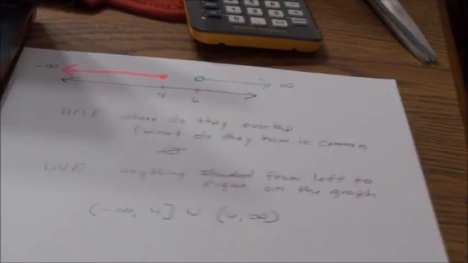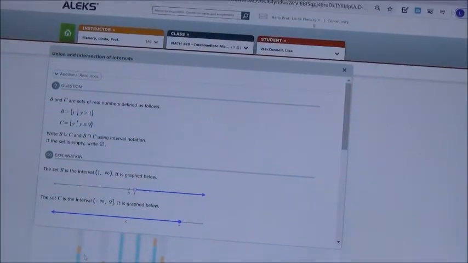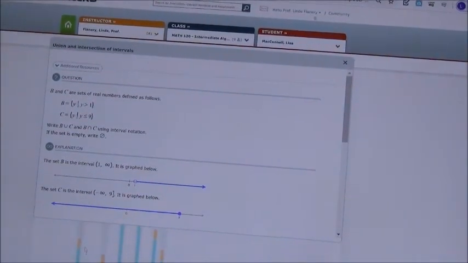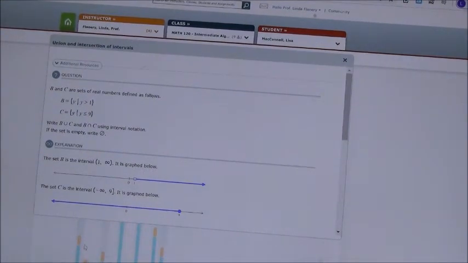All right, on the next one, I'm going to slide this over so you can see that next one. I'm not sure if you wrote these down or not, but on the next one, B is the set of Y such that Y is greater than 1, and C is the set of Y such that Y is less than or equal to 9. So again, I'm going to put those on my paper here and look at how they look. So let me flip this over to the other side of the paper.